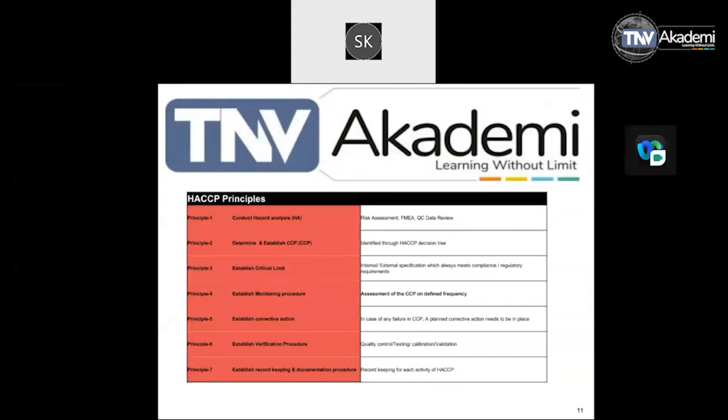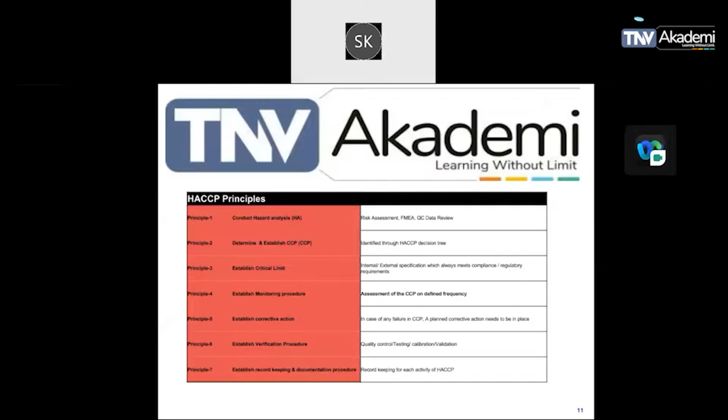Then we have to determine and establish the CCP, which can be identified through the HACCP decision tree. The HACCP decision tree helps us identify which one is a CCP, which is an OPRP, and which is a PRP.